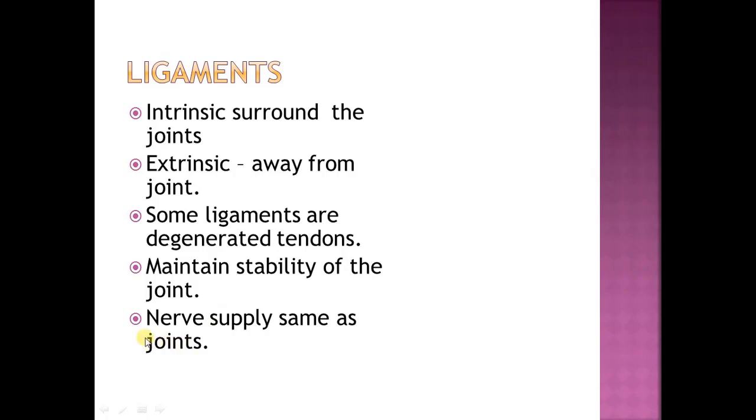So ligaments mainly hold the bones together. They provide stability to the joints. Predominantly collagen fibers. Intrinsic and extrinsic ligaments, two types are there, and ligaments are actually a type of connective tissue.